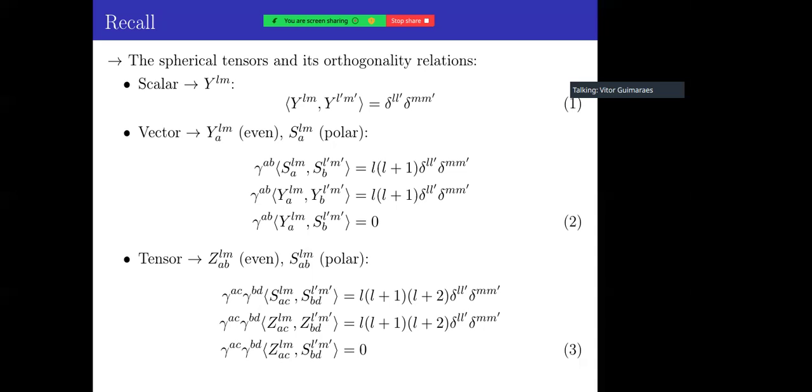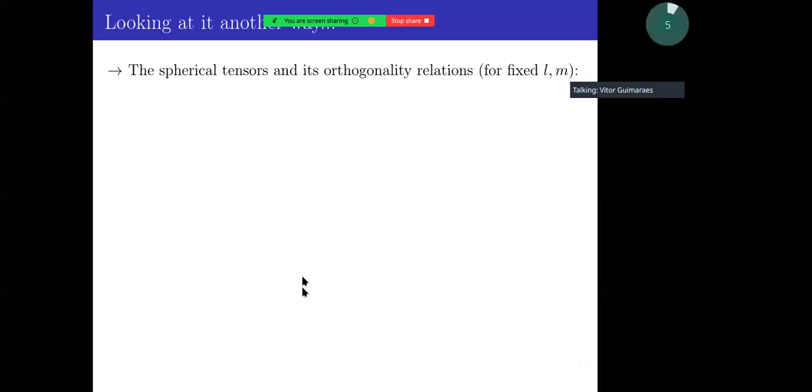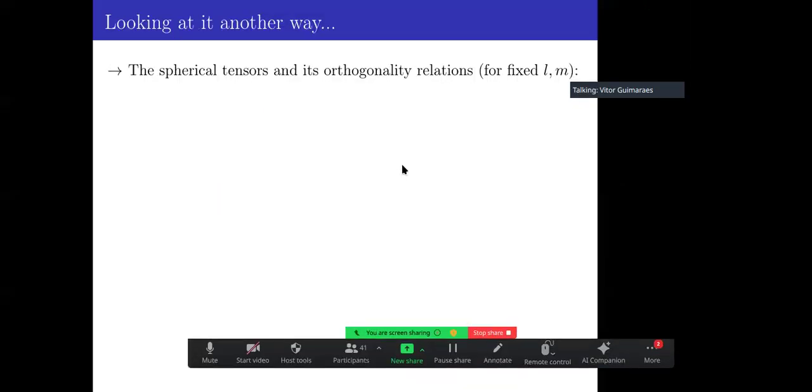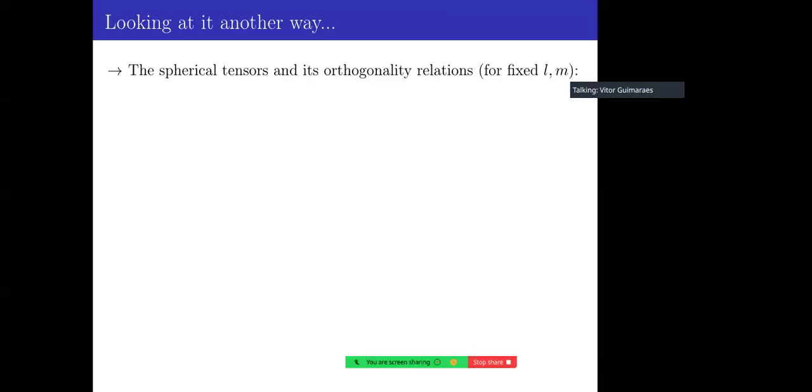But since you already know what is going on, maybe with this new approach, it can be easier to absorb, which is the main goal here, which is my purpose. So if we look at all this in another way, in fact, it's not another way, but from a different angle, maybe.